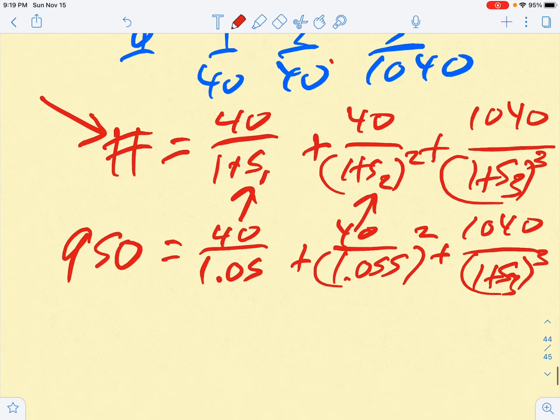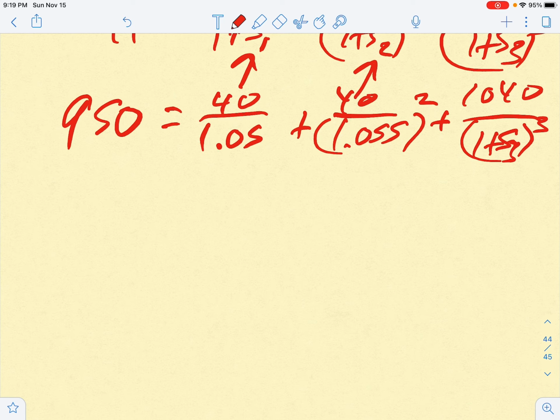By now it's obvious that we can rearrange things here. Because we have one equation with one unknown, the only unknown being S3, we can algebraically manipulate this to get a value for S3.